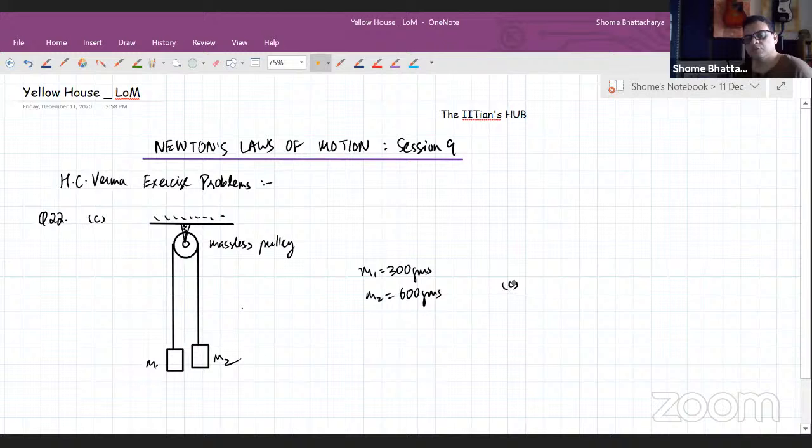Now the C part of the question is asking us to find the force exerted by the clamp on the pulley.